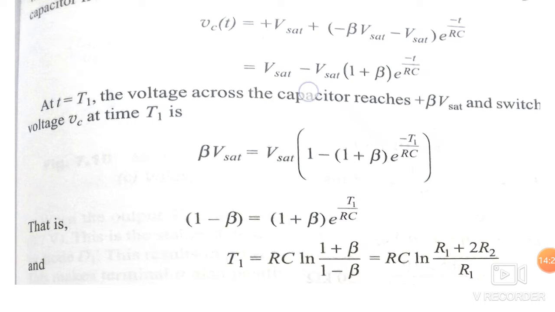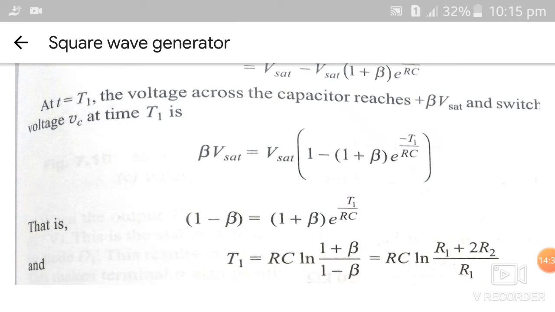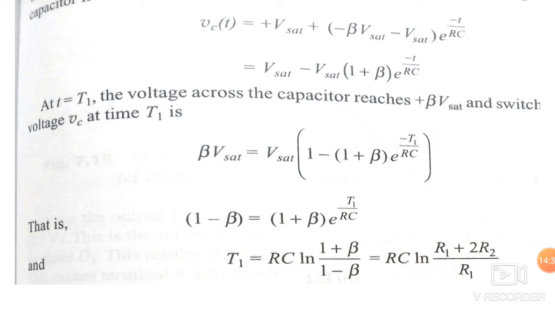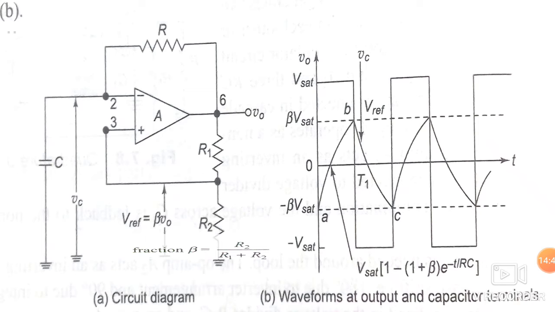So this will give you simply plus Vsat minus Vsat (1 plus beta) exponential minus t by RC. Just solving this equation. Now at time t equal to T1, that is the half cycle, we can see from the diagram, from 0 to T1, the half cycle of the square wave.